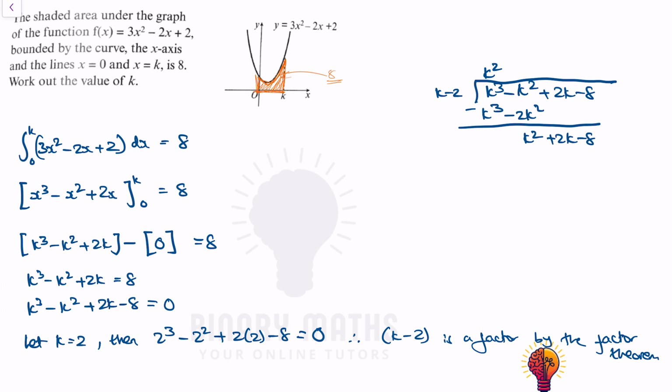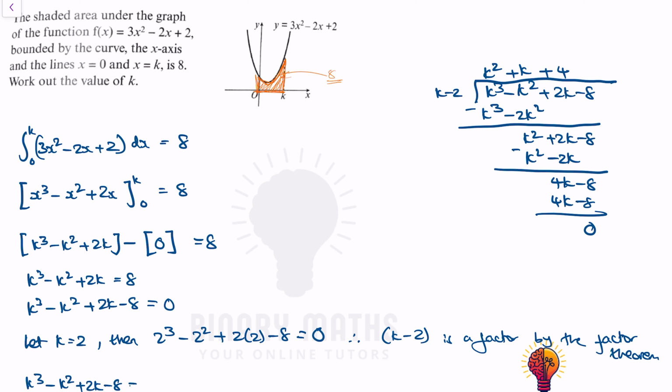K times what gives me k squared is k. K times k is k squared, minus 2 times k is minus 2k. When I subtract it, I get 4k take away 8. K times what gives me 4k is 4. 4 times k is 4k, minus 2 times 4 is minus 8. You cancel that, which gives me 0. Which means k cubed minus k squared plus 2k minus 8 is equal to (k minus 2) times (k squared plus k plus 4).